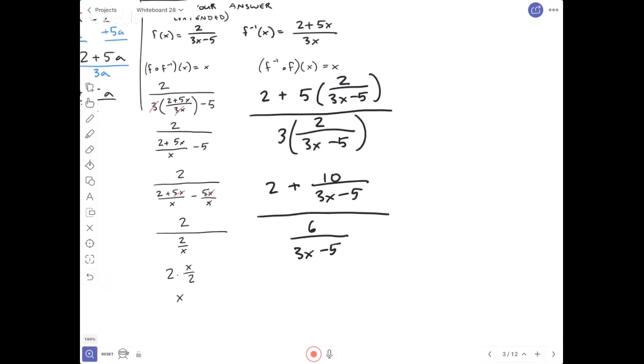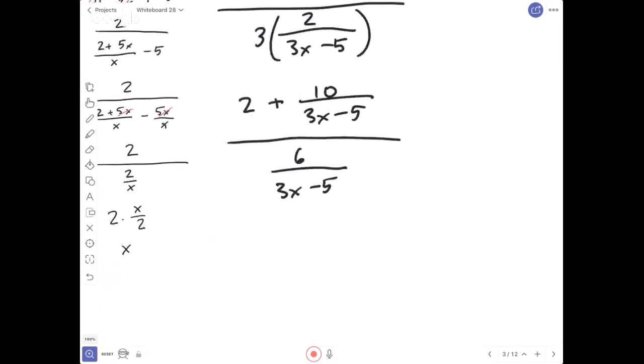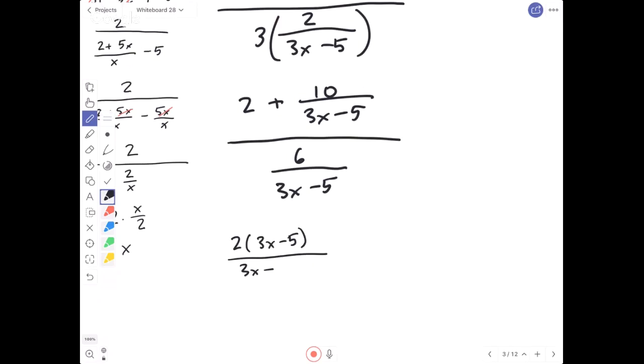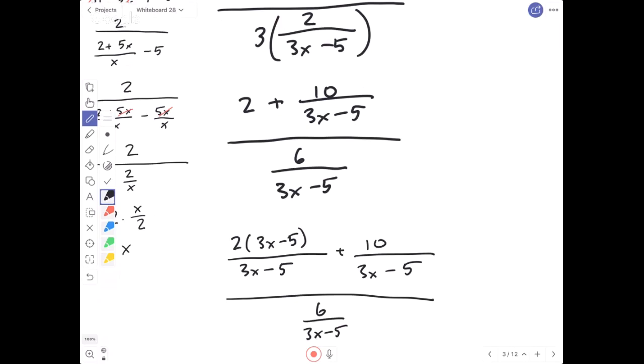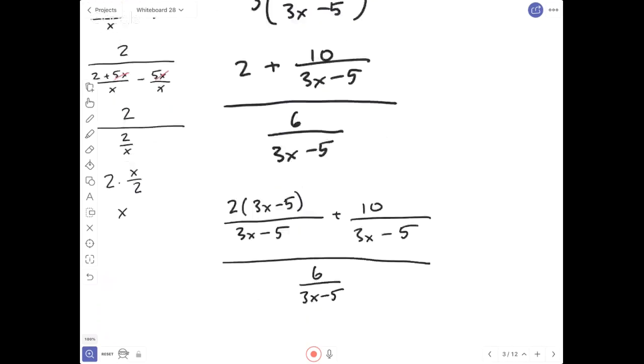Now I need a common denominator on top, which is going to be 2 times 3x minus 5 over 3x minus 5, plus 10 over 3x minus 5, all over 6 over 3x minus 5. Whew.